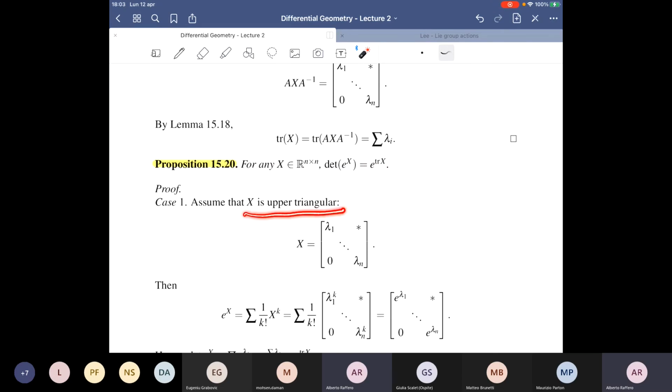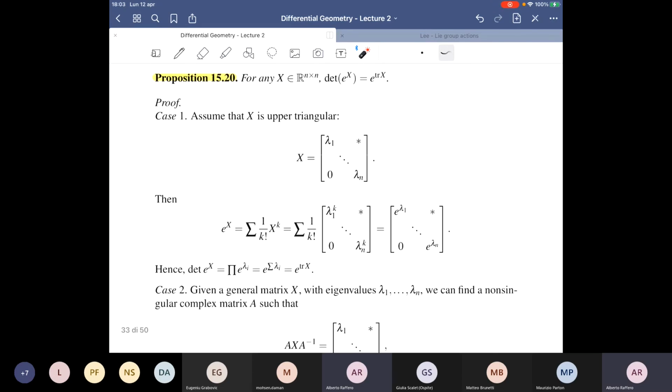First of all, you assume that X is upper triangular, then this power series gives you this power series here, and in particular in the diagonal entries, you have the power series defining the exponential of lambda 1, lambda 2, until lambda n. So you will have 0 below the diagonal, you will have something above the diagonal, and you will have the real exponential on the diagonal.